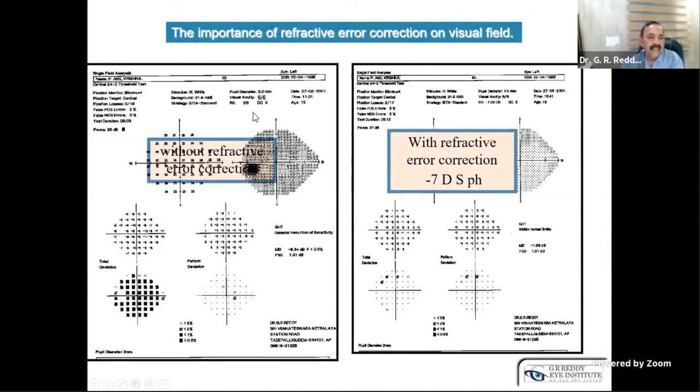The patient has 6/6 vision, but the foveal sensitivity is 28, because the patient is a -7 myope and they did the field without refractive correction, and when it was given, the defect disappeared. So always correlate the foveal sensitivity and visual acuity before the test commences. Then we don't commit these mistakes.